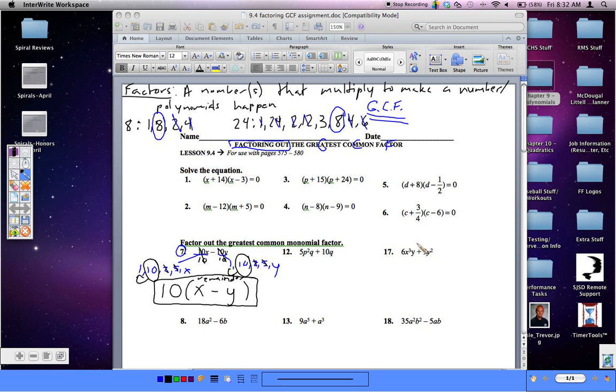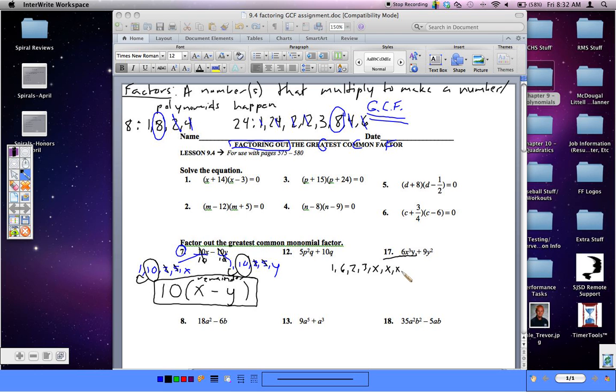So let's jump over and try 17, since we got room to work that. Factors of 6x cubed y. First off, I have 1 and 6. Then I have 2 and 3, because those are the two ways to multiply to make 6. After that, how do I multiply to make x cubed? That would be x times x times x.